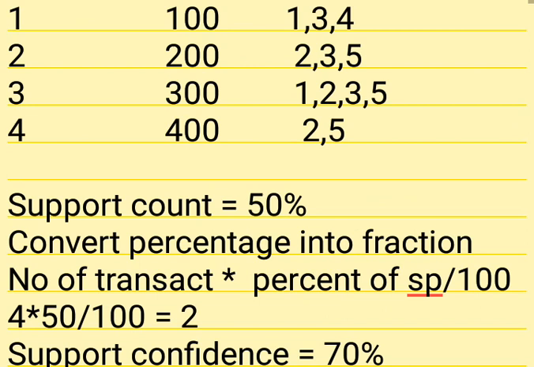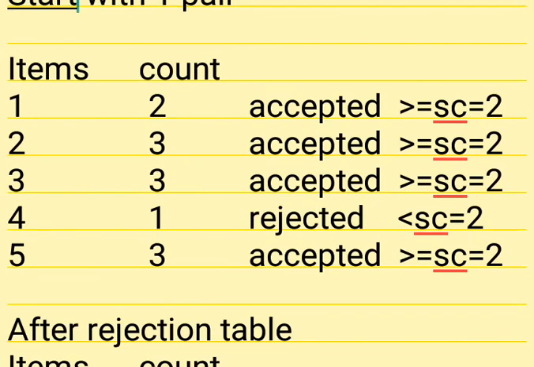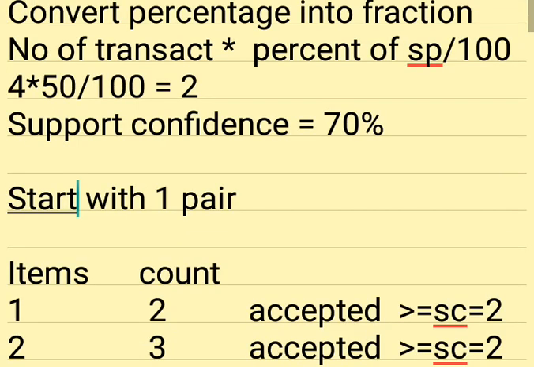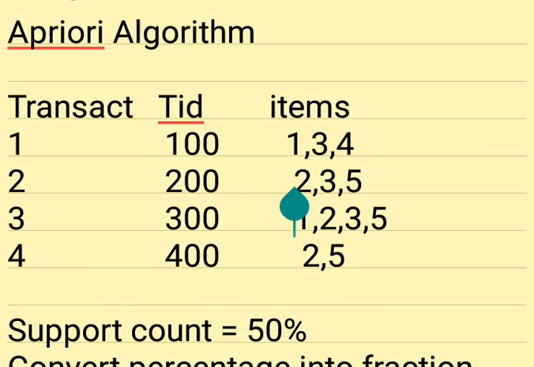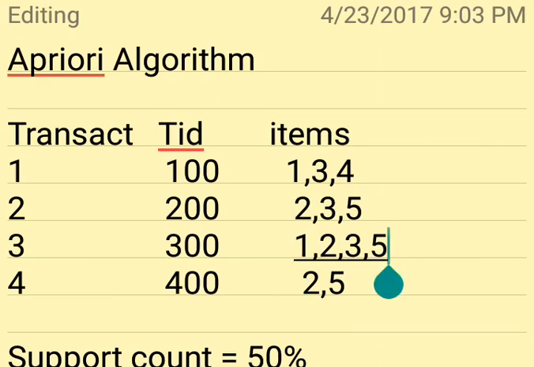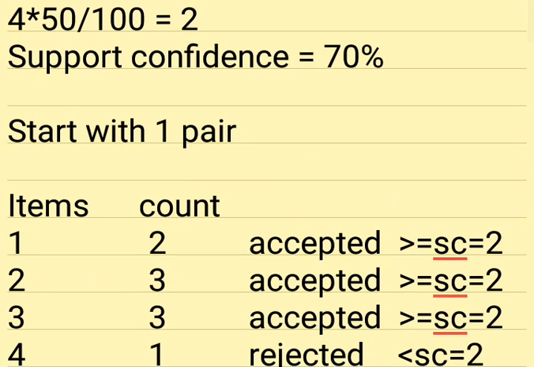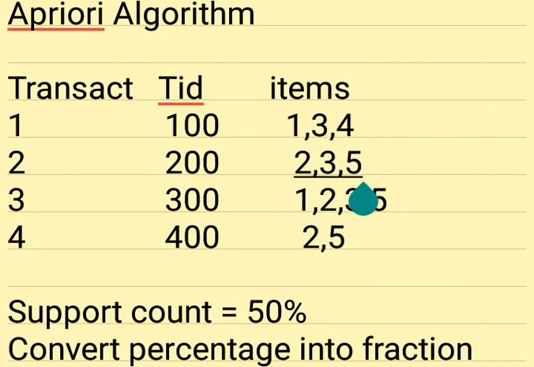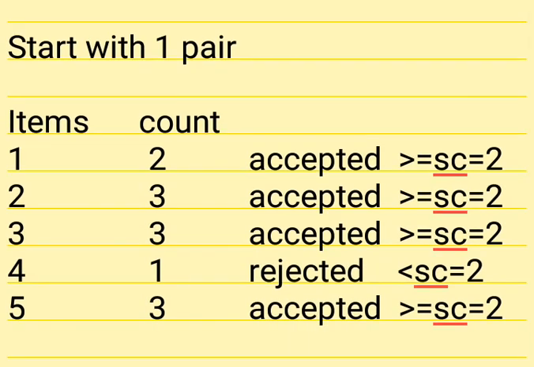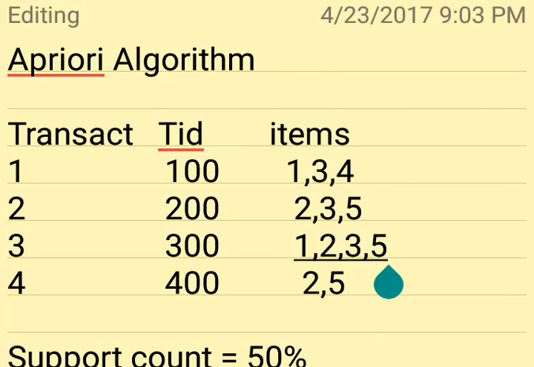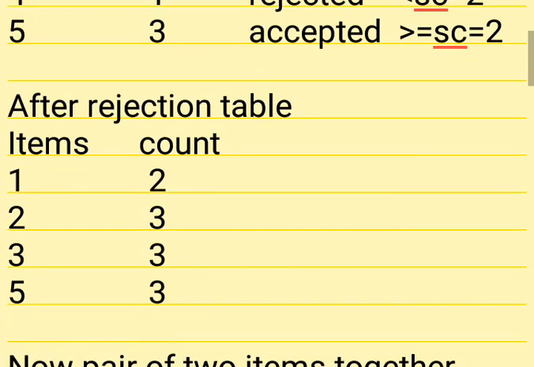From these we have to write all the items and count how many times each occurs. 1 occurs 2 times, 2 occurs 3 times, 3 occurs 3 times, and we then have to count how many times 4 occurs. 4 occurs only 1 time, and 5 likewise gets counted.